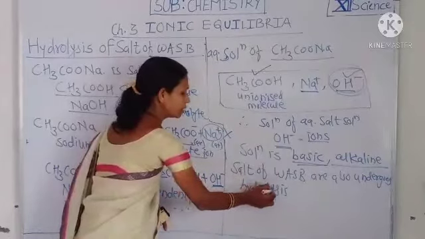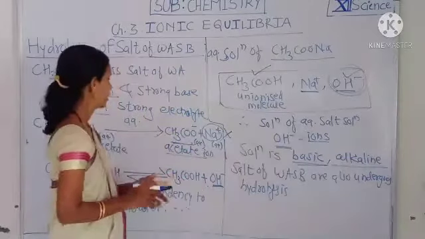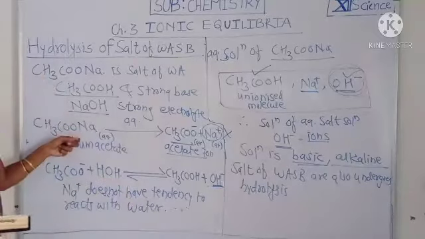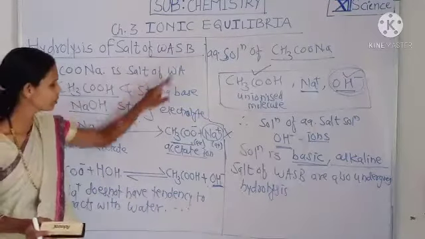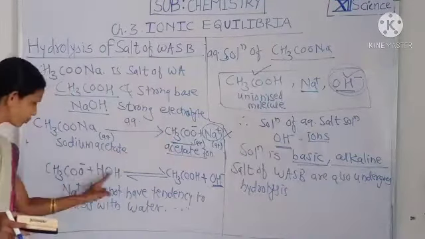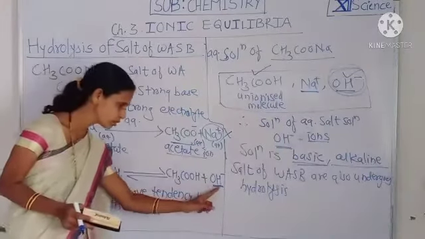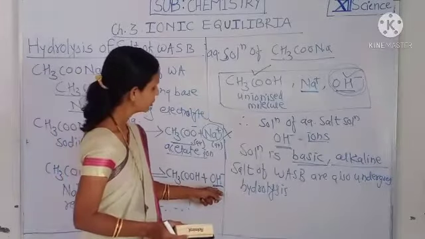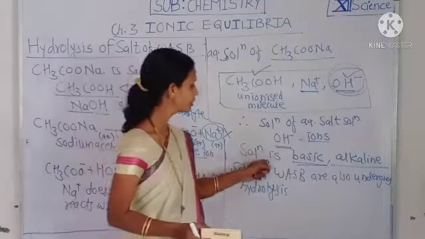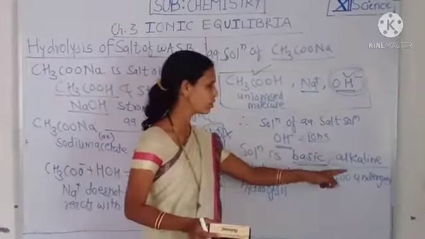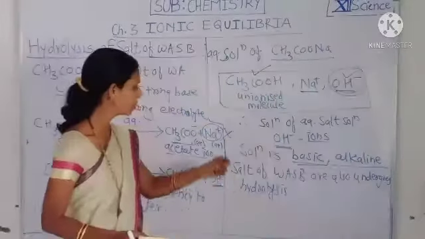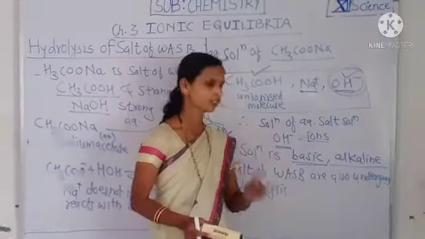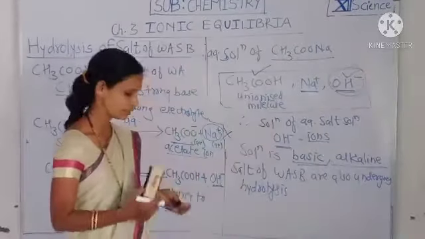That means here the anion of the salt of weak acid strong base reacts with water to give OH- ions, and because of OH- ions the resultant solution is basic or alkaline in nature. Therefore it is said that salt of weak acid strong base also undergoes hydrolysis.